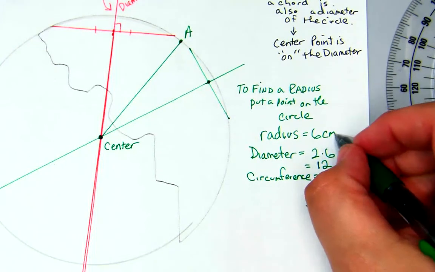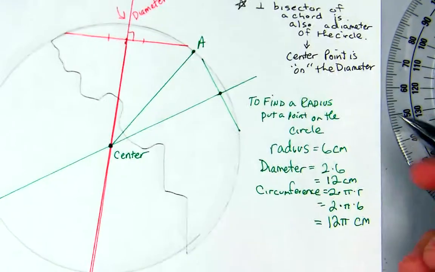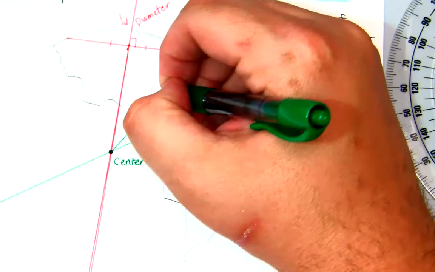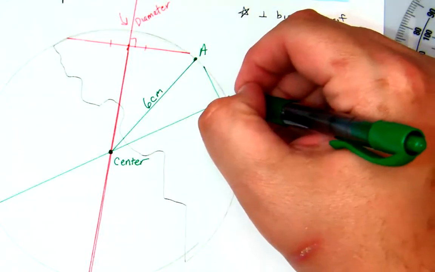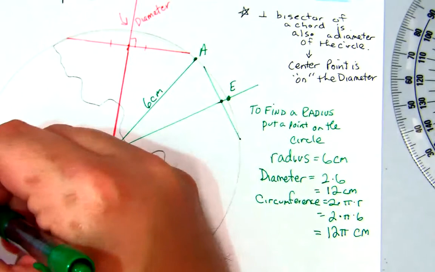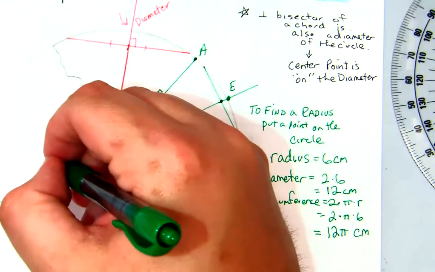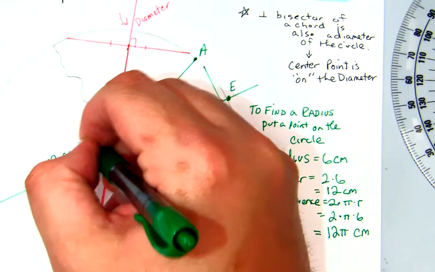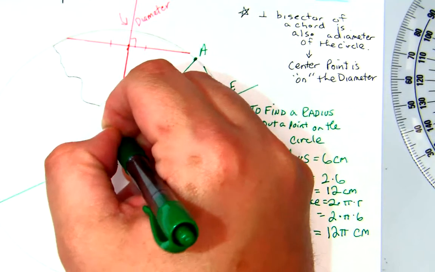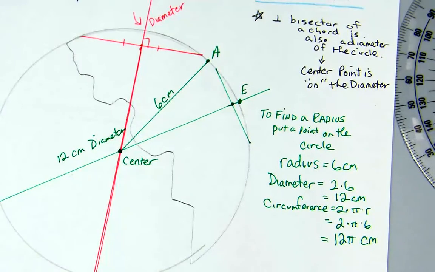This is 6 centimeters. That's 12 centimeters. So I figured out that 6 centimeters from here. Plates are measured in diameter. So this is a 12-inch plate.